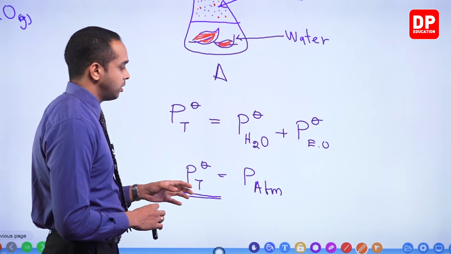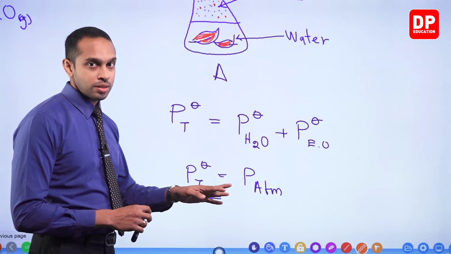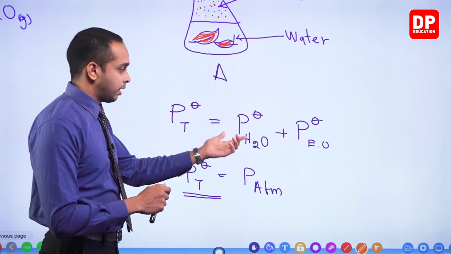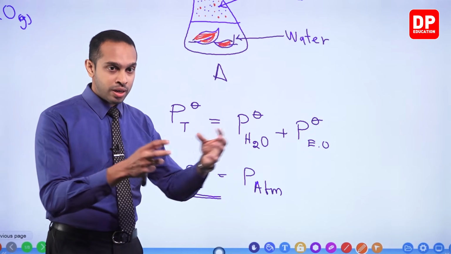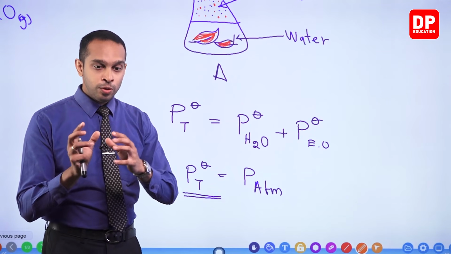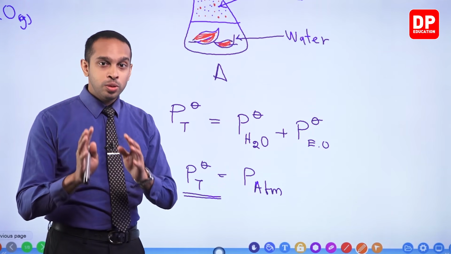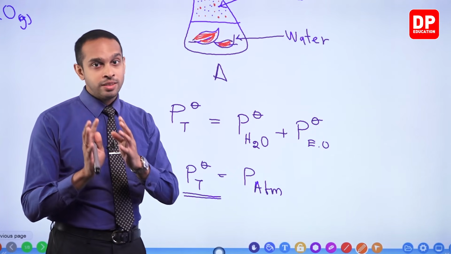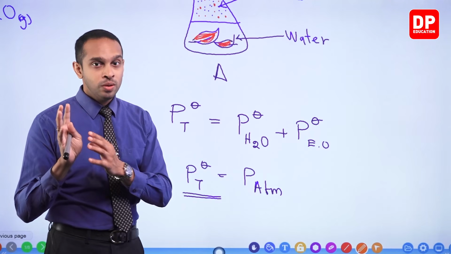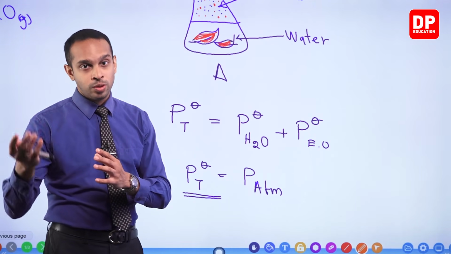You have to make sure to state each of these points. If you take water and essential oil separately into 2 beakers to boil them, they have to individually have their boiling points reached when their saturated vapor pressures are equal to 1 atm, or atmospheric pressure.